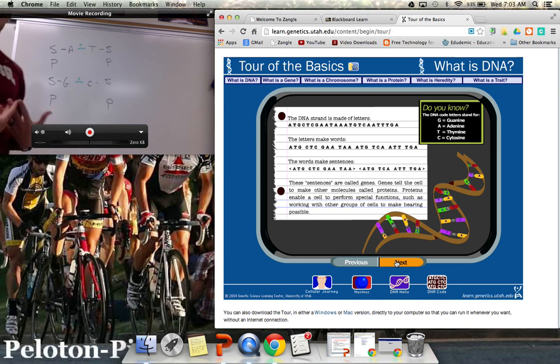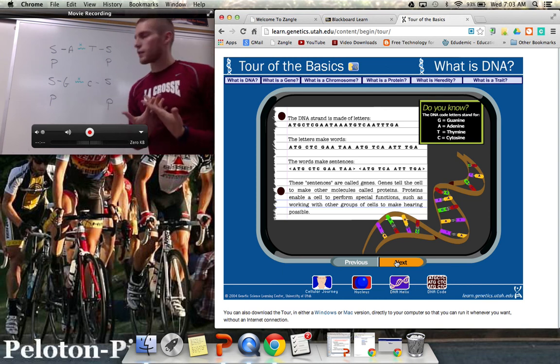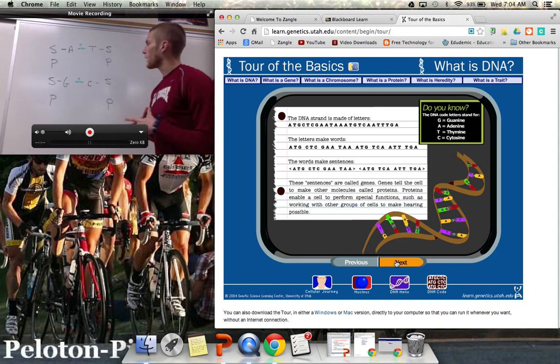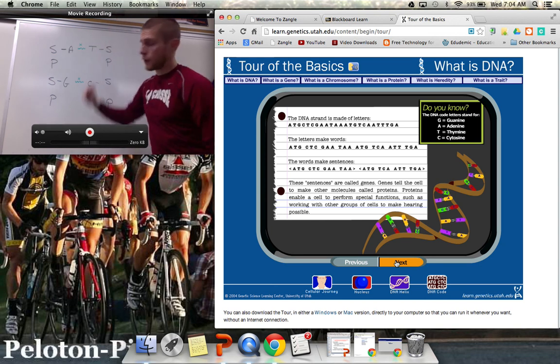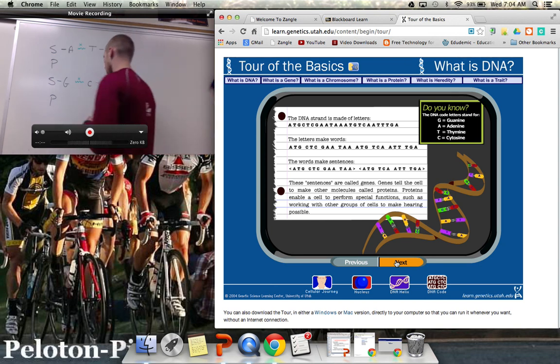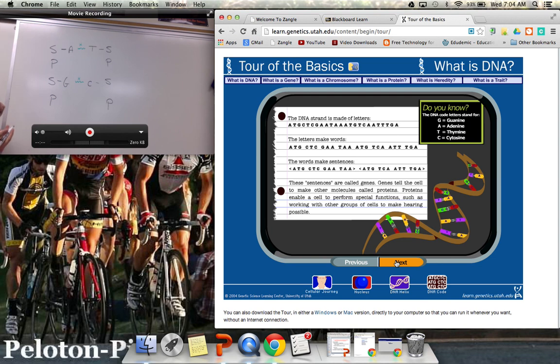DNA molecules are thousands and thousands of nitrogen bases long, and so this would continue in either direction for a long, long time. And in order to fit that in our cell, DNA is what we call a double helix or a twisted ladder, and so it coils up into this form here.